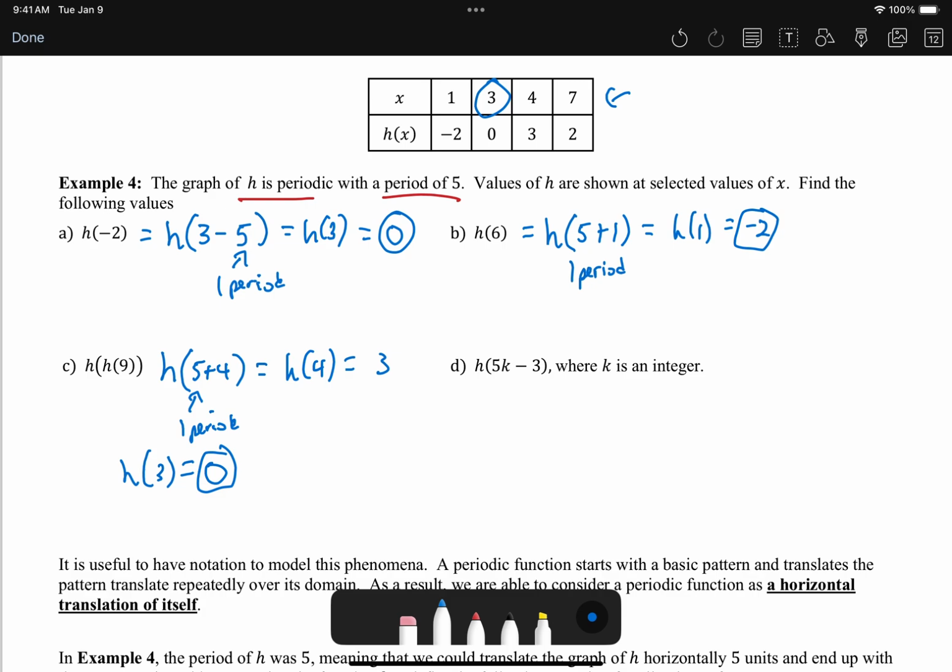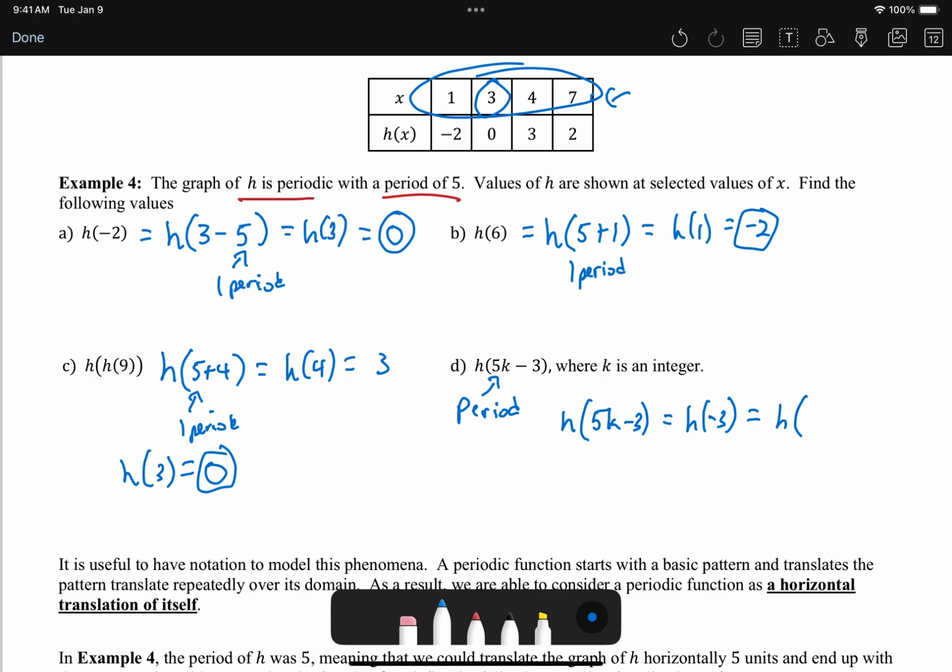Now D looks complex. h of 5k minus 3, where k is an integer. Well, we know this is my period, right? So we're looking for h of negative 3, basically, because h of 5k minus 3 is really h of negative 3. So how do we make negative 3 with a number that's up here? Well, 5 minus 8, but 8 isn't a number in the x.